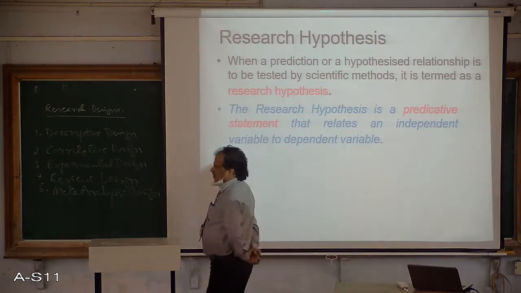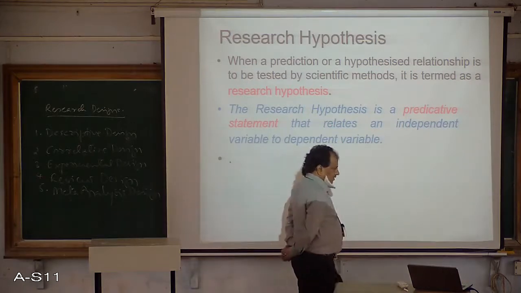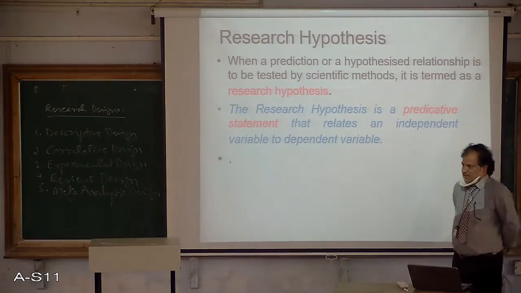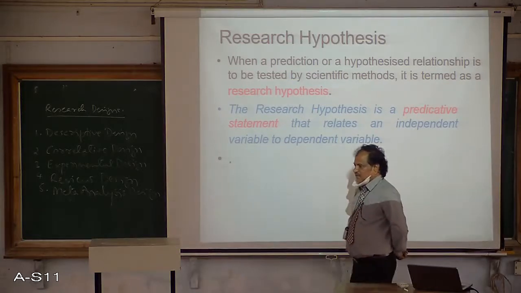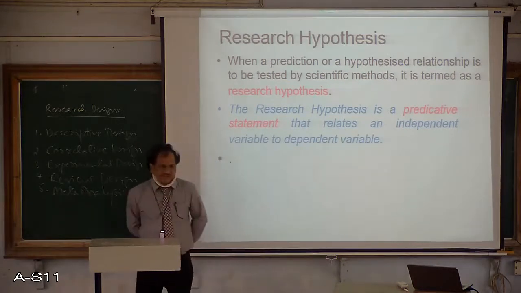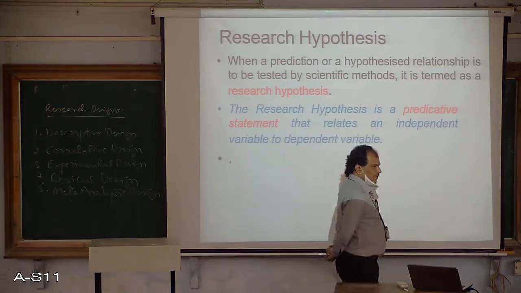Here GIT is a college. Rohan is a predicate. Let us assume that Rohan is X and GIT, the college, is Y. The predicative statement is P of X comma Y.